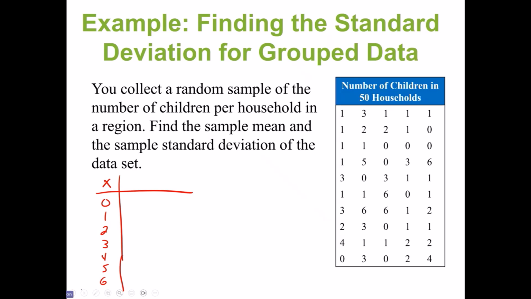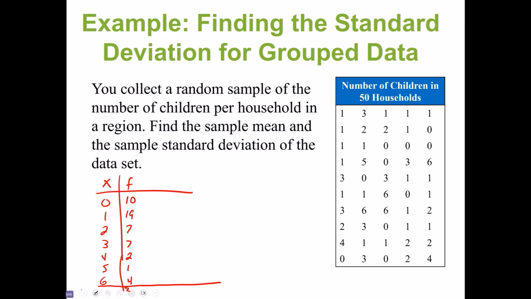How many times does 0 show up? How many times does 1 show up? And so on. If we do that, 0 shows up 10 times, 1 shows up 19 times, 2 children shows up 7 times, 3 children shows up 7 times, 4 children show up 2 times, 5 children show up 1 time, 6 children show up 4 times.